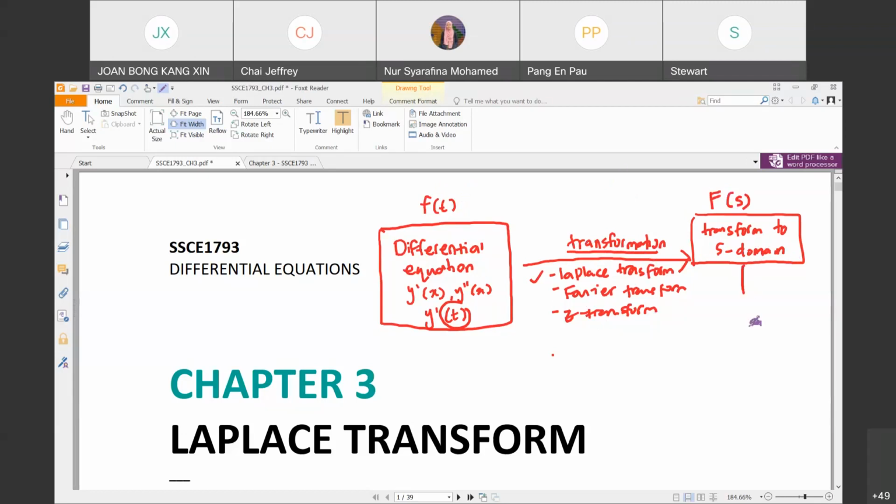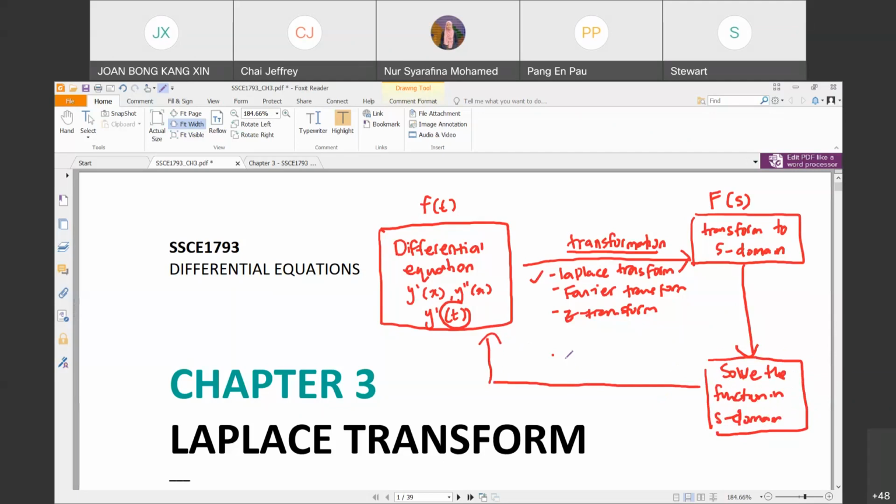Then we need to solve the function in S domain. Okay, we need to solve the function in S domain. And again, what you need to do is inverse transform to get the solution in T domain.